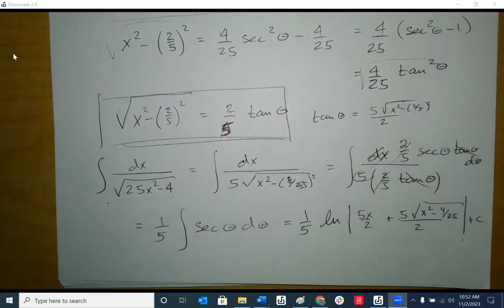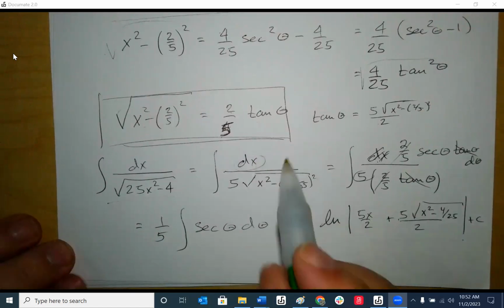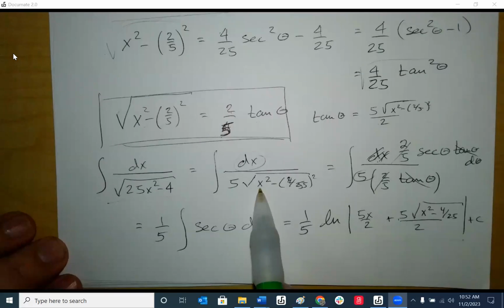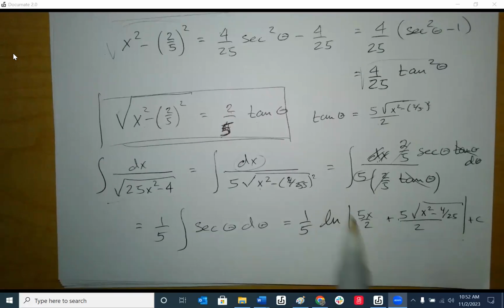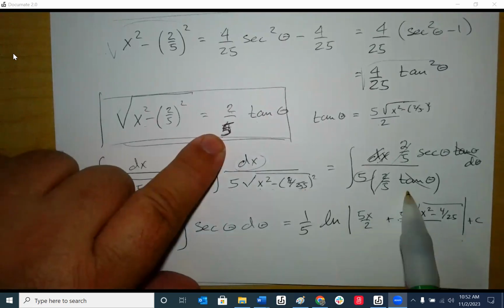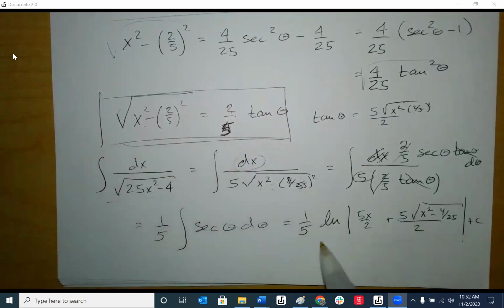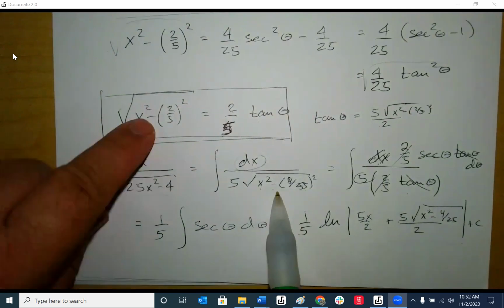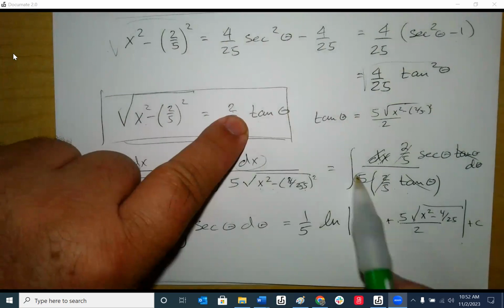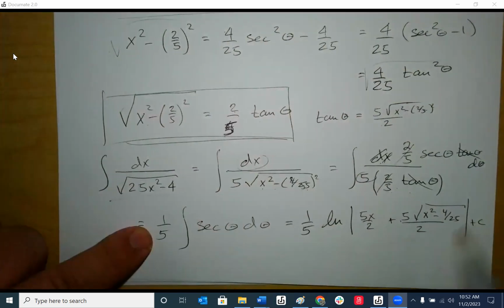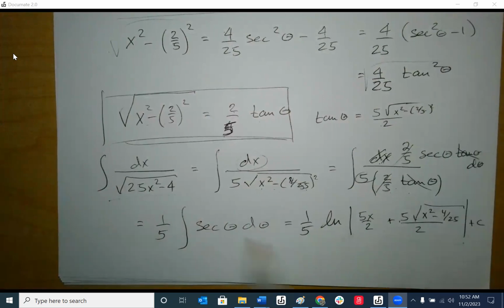It's pretty much always the same steps. We did dx at the beginning, and we converted all these. We just substitute. The fives cancel, the 5 comes out in front, and then the tangents cancel.